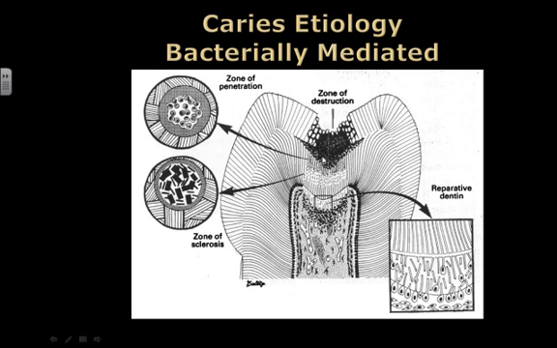At the DEJ you see a lateral spread, creating demineralization and a continuance of this zone of penetration. In front of the leading edge of this zone of destruction is a zone of sclerosis of the dentin.